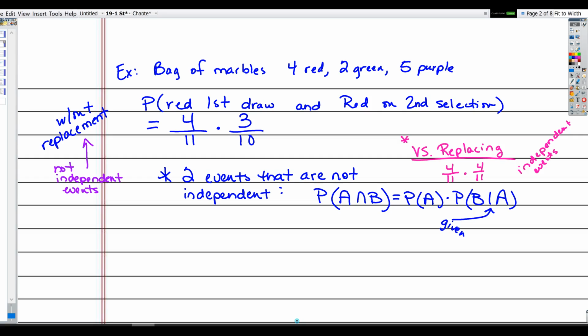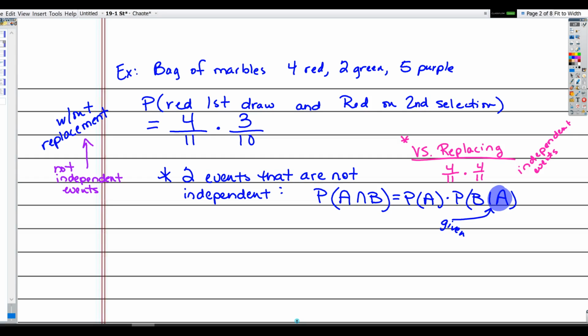Okay, so 2 events that are independent, what would I do to modify this formula? Oh, you wouldn't say that the A has already been given. Very good. Awesome. Okay, so I'm going to highlight this. This little piece right there, I hope that's not too dark, is what's going to go away. So the probability of A and B is just probability of A times probability of B. I don't need to know that A has happened because it doesn't change the probability of B if A has happened or if it hasn't happened.